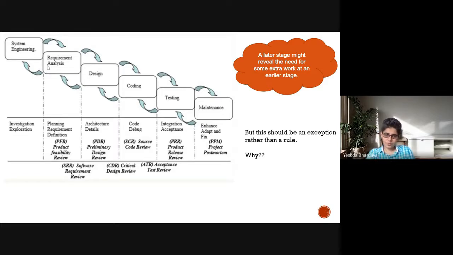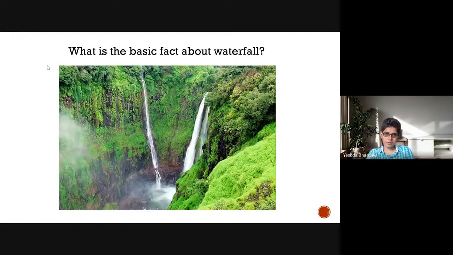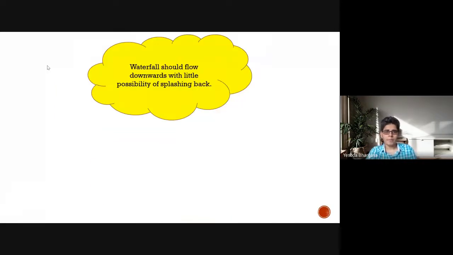So this was what the iterative waterfall model attempted to do. But again, it cannot be said that it fully rectified the traditional waterfall model, because the essential fact about the waterfall model is that waterfall should flow downwards with little possibility of going back.